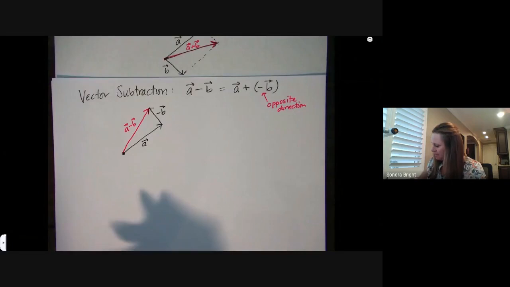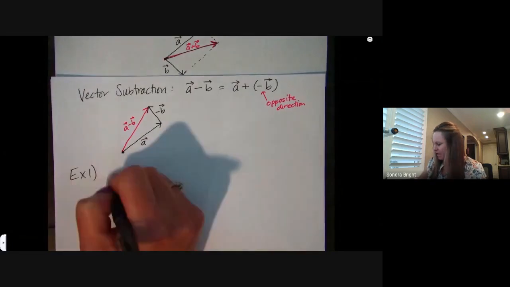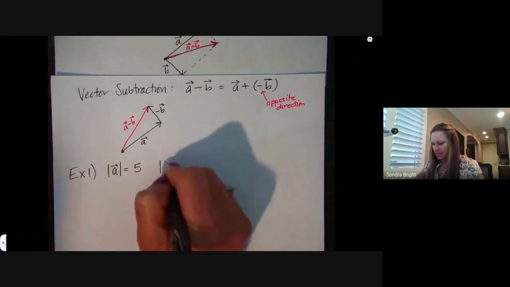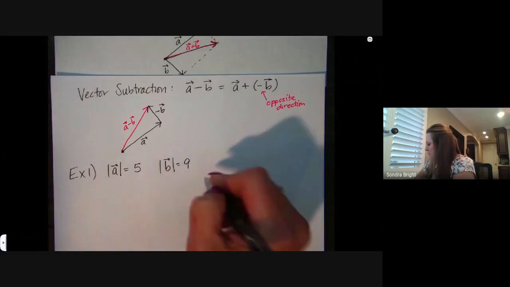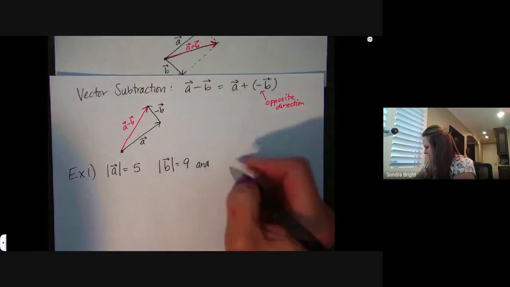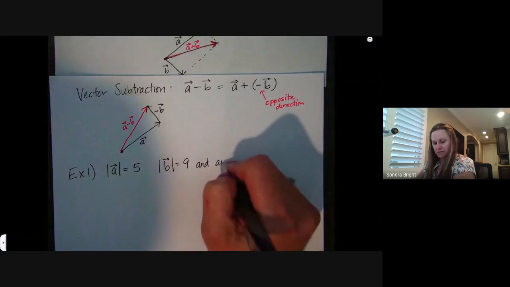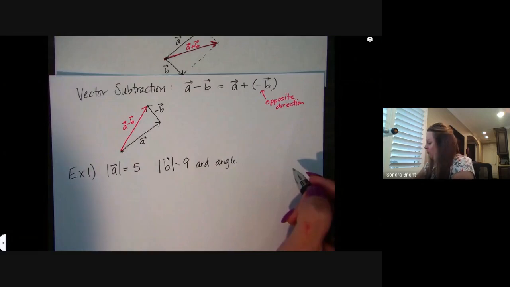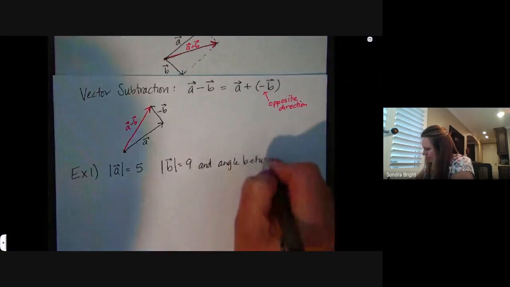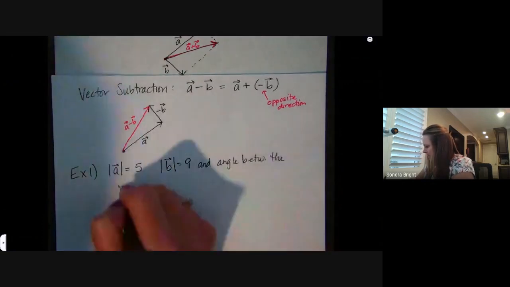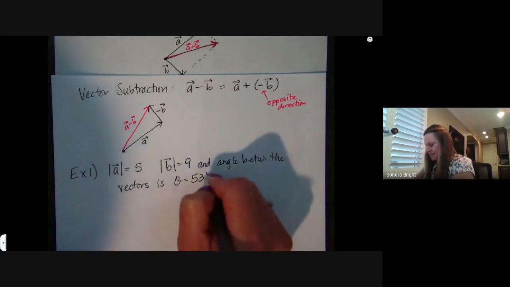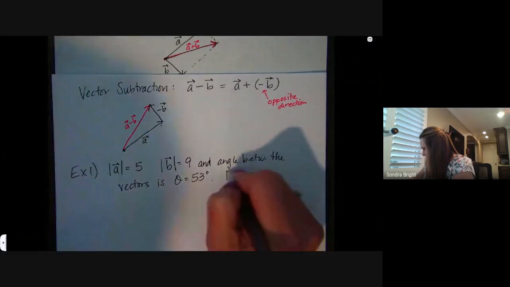If I tell you that the magnitude, or length, of vector A is 5 and the magnitude of vector B is 9, and the angle between the vectors is, I'm going to call it theta, 53 degrees, they want us to find the magnitude of A plus B.